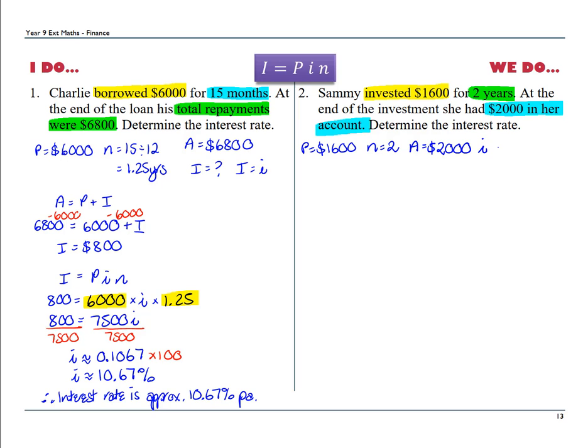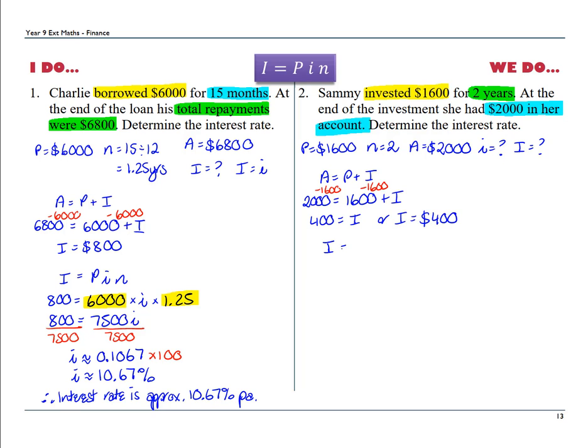We need to find our interest rate, and we don't know what the interest is. So again, our A equals P plus I. Substitute the information we know. 2,000 equals 1,600 plus I. We're going to get I on its own, so we're going to subtract 1,600 from both sides. So 400 equals I, or I equals $400.